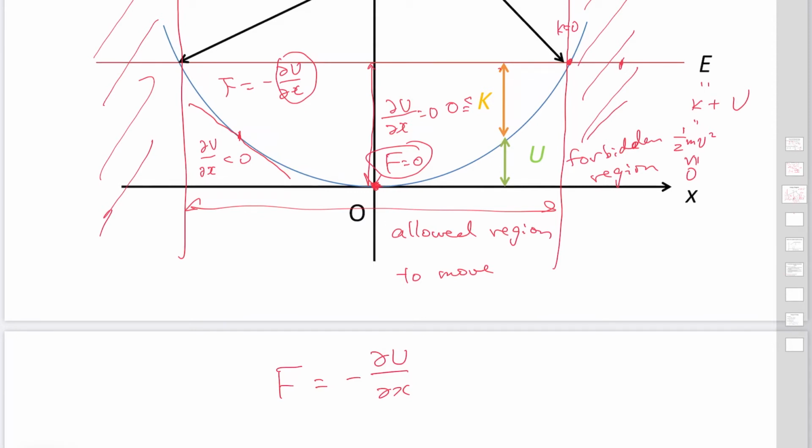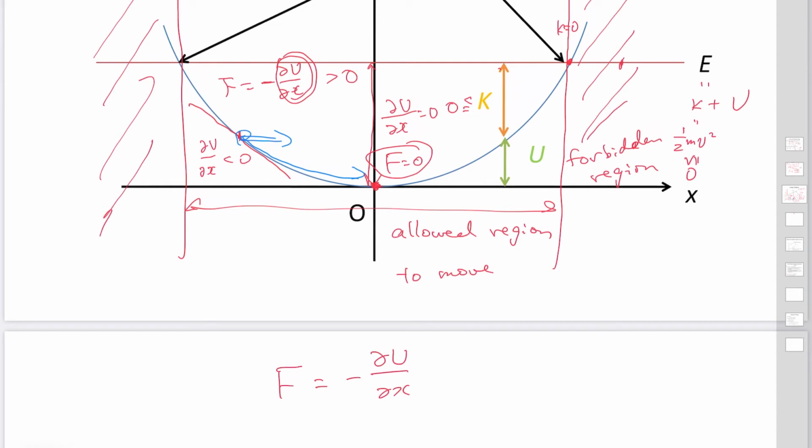Then a negative quantity times the negative sign, so the force becomes a positive quantity. So at this position, the applied force on this object is directed toward the positive direction. So the particle is moving in the positive direction.